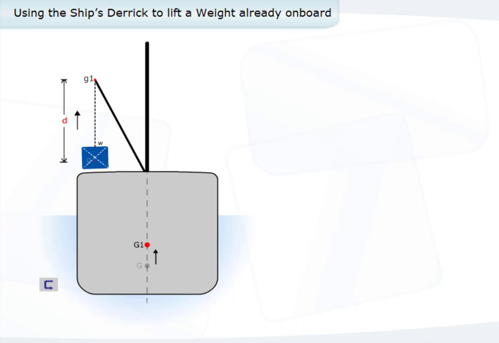The vertical distance, d, moved by the centre of gravity of the lifted weight will obviously be large, deck to derrick head, and the vertical shift of the ship's centre of gravity, G, will move a large distance accordingly. This can be calculated by the following formula. GG1 is equal to W multiplied by D divided by displacement.